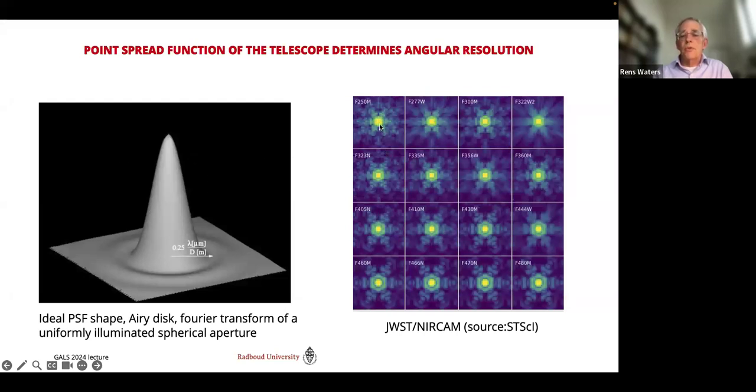And that has to do with the fact that the James Webb Space Telescope mirror consists of a number of segments, and the secondary mirror and the support structure. And they all imprint their signature on the point spread function of the telescope. So that's why a star or a point source observed with Webb provides you with an image in the focal plane of the instrument like this.